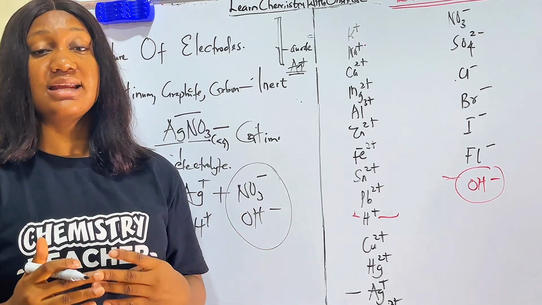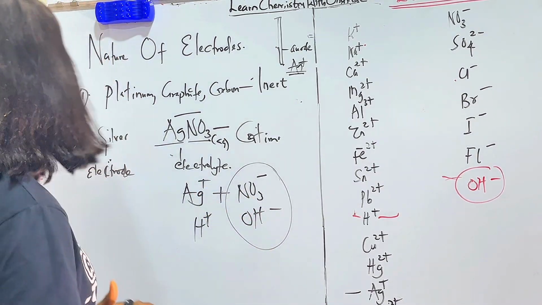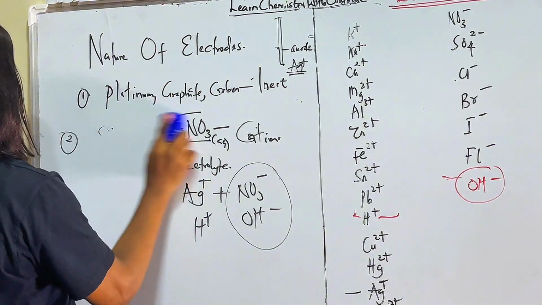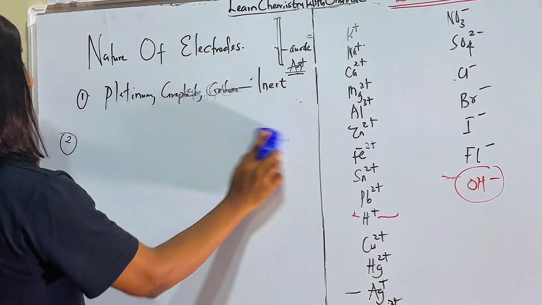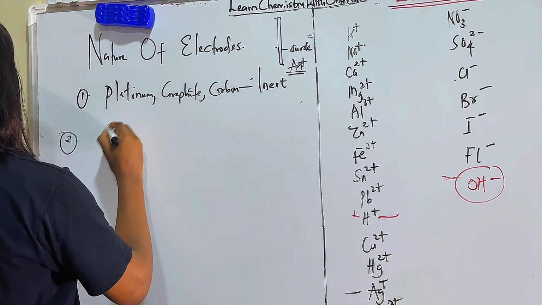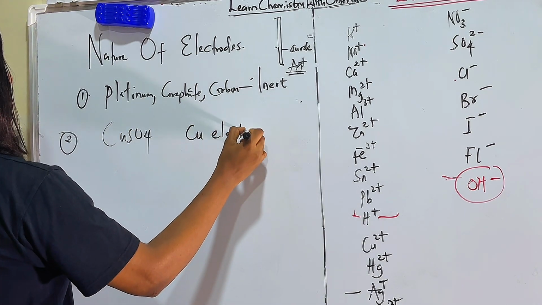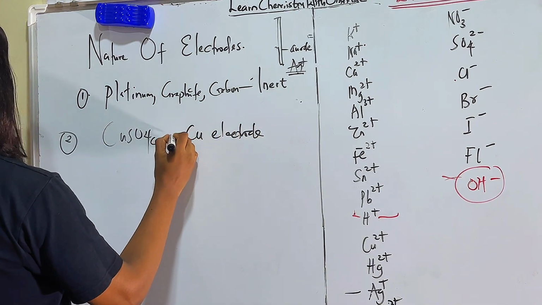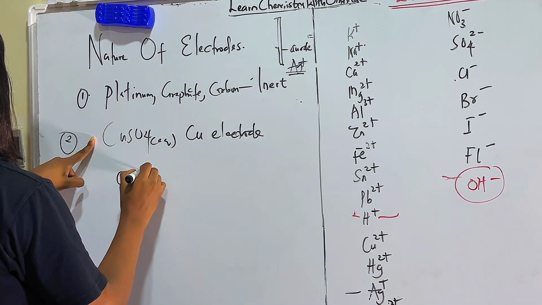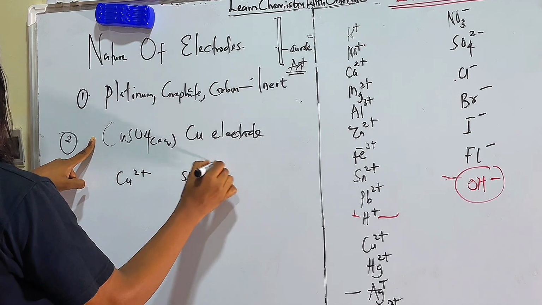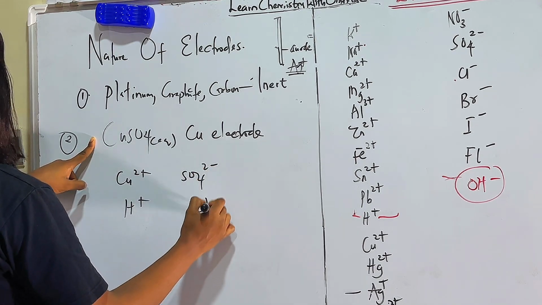Also, this can happen for copper. Another popular one you find is the electrolysis of copper tetraoxosulfate(VI) using copper electrodes. Remember, this is aqueous. You're going to have Cu, SO4, hydrogen, OH.